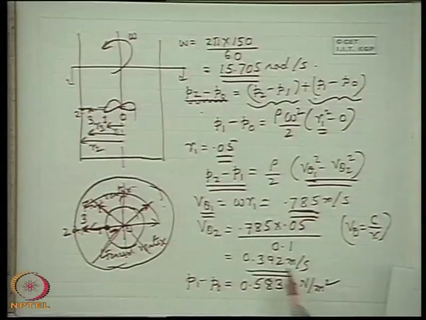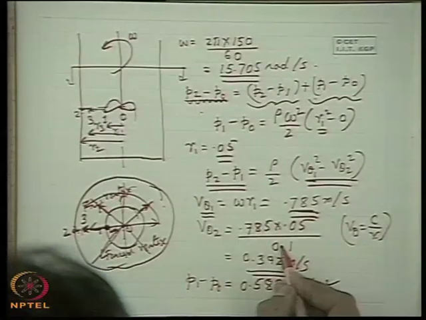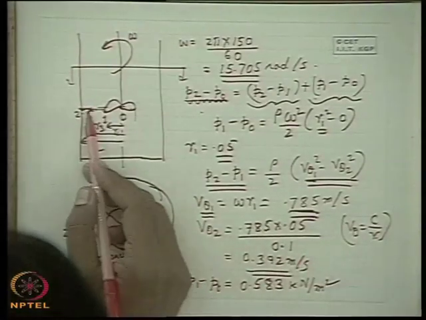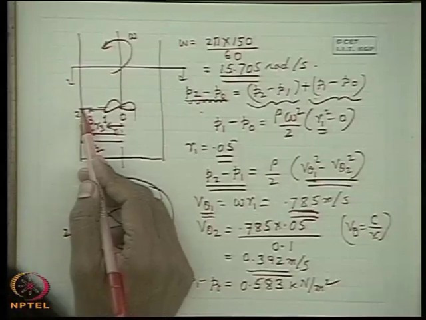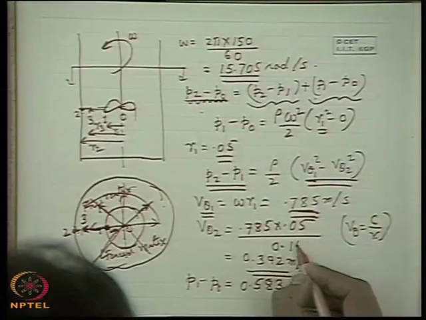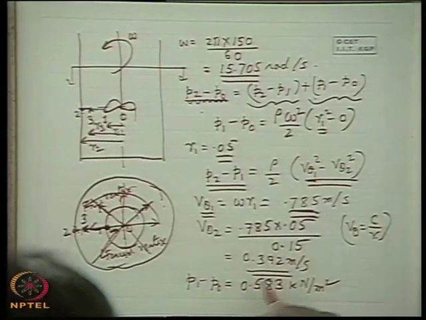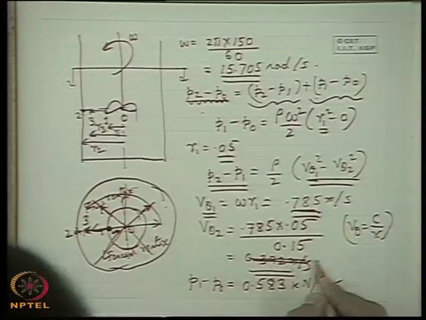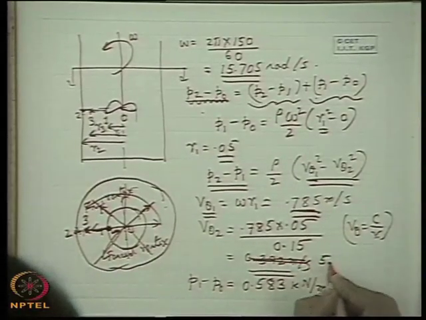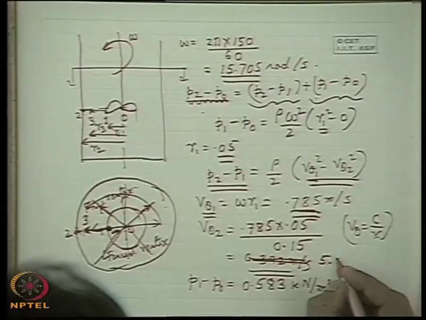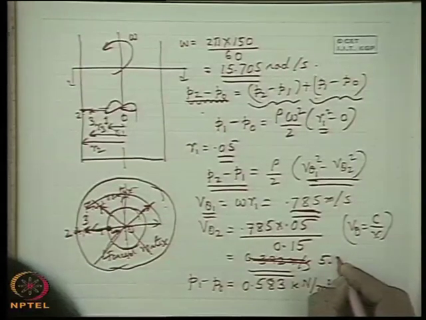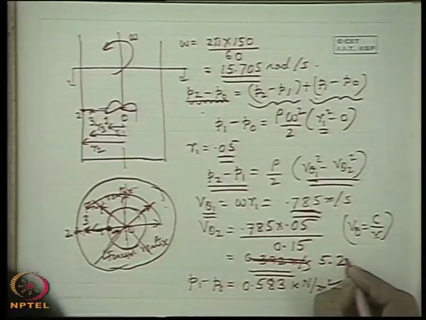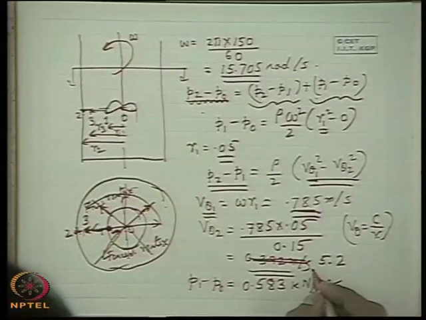But here probably I have made a mistake, so it is not 0.1. This is V theta 2, this diameter is 300 millimeter, so the radius is 0.15.